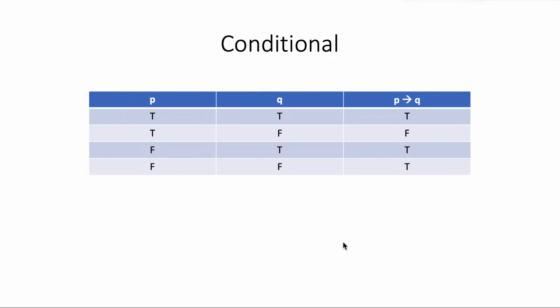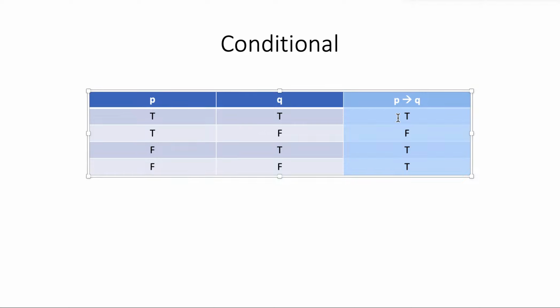And because that's all we can really say about a conditional, we can say that it's false whenever the antecedent is true and the consequent is false. We fill out the truth table this way, with true everywhere except on that line where we have a true antecedent and a false consequent.